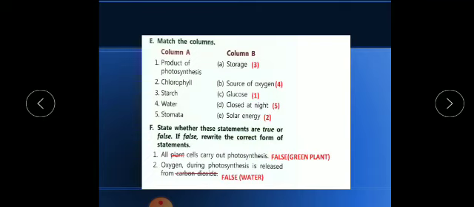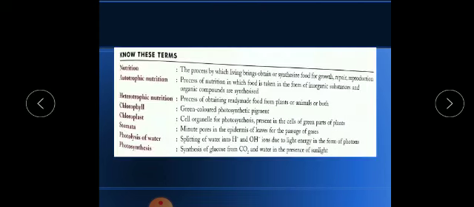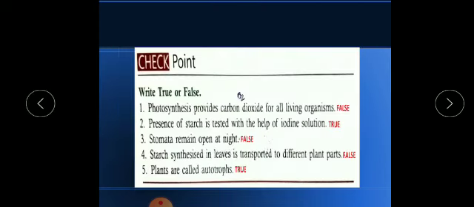All plant cells carry out photosynthesis, so it is a false statement. All green plants, or green plant cells, carry out photosynthesis. Like the same question, they are asking again and again. Here also the last one they have written, plants are called autotrophs.